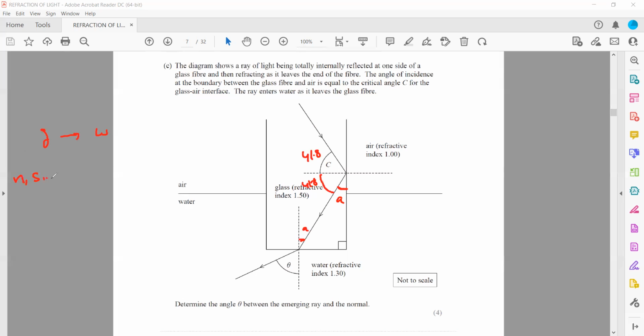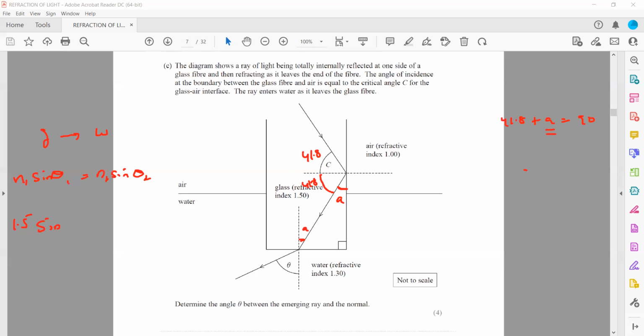As we know, 41.8 plus A equals 90, the total angle.